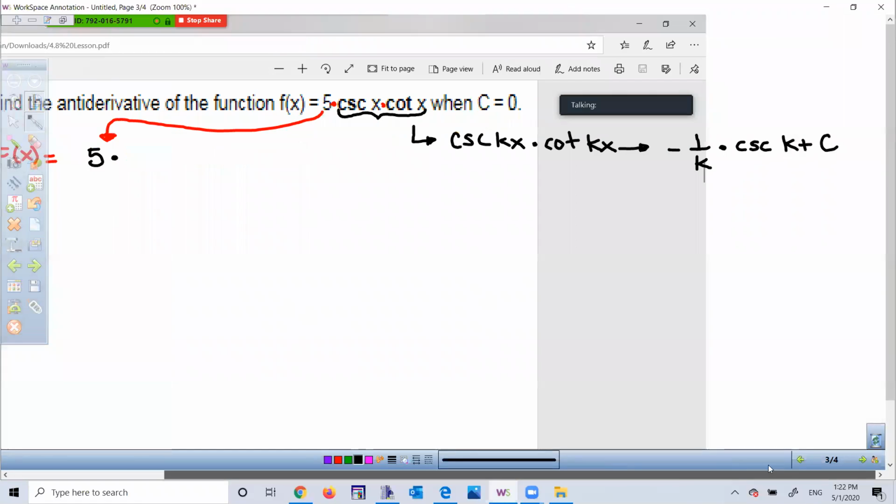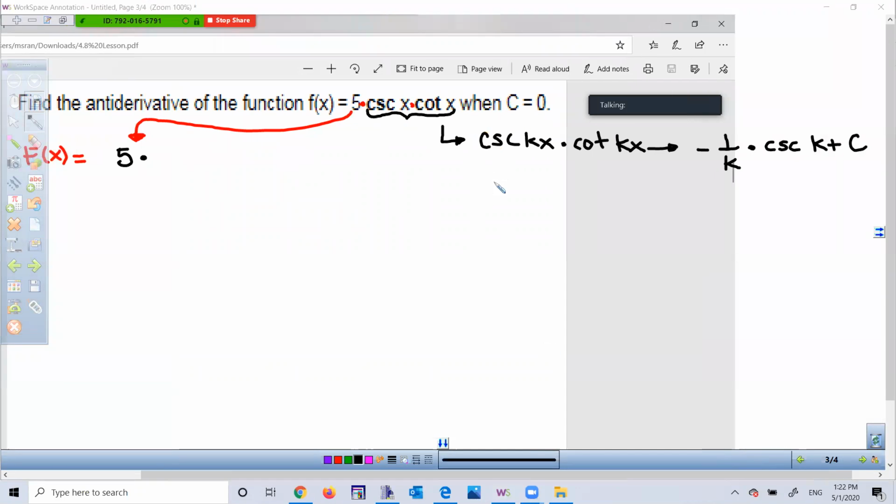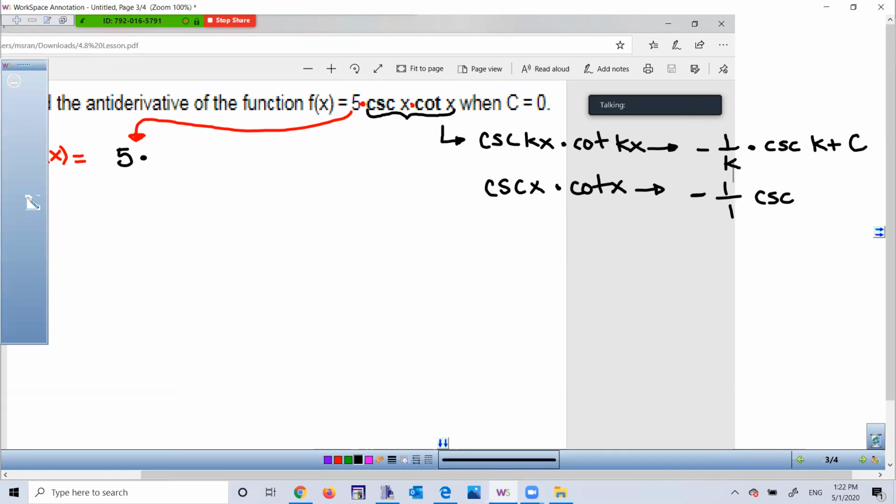So in the problem that I have, cosecant of x times cotangent of x, what's the k? It's a 1. If you don't see any number before the x, you assume it's a 1. So then the antiderivative is going to be negative 1 over k. What did I say is the k? It's the number 1. Cosecant of kx plus c, and here I missed the x. I wrote this too fast. What's going to be my kx?